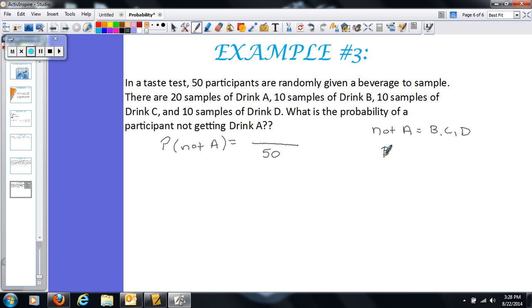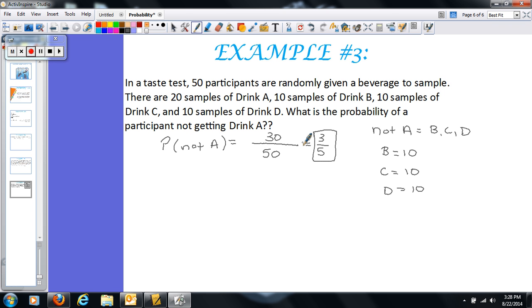Well, for B, there are 10. For C, there are 10. And for D, there are 10. So if I add those up, I'm going to get that there are 30 out of 50, which is going to simplify to 3 over 5. So the probability of you getting a drink and it not being A is going to be 3/5. Okay?